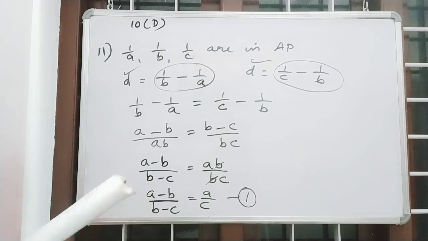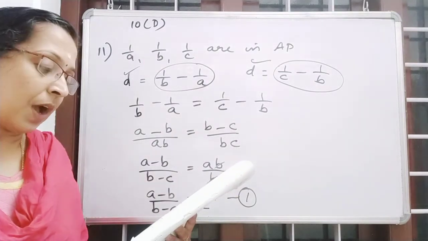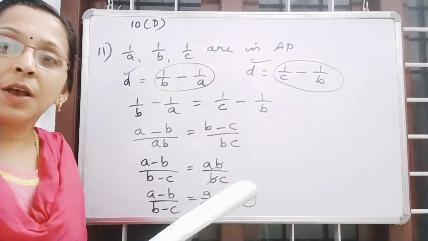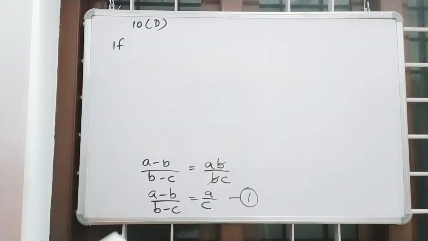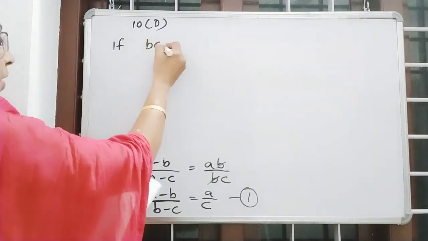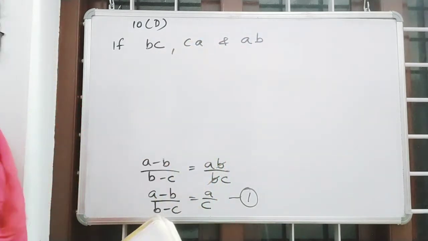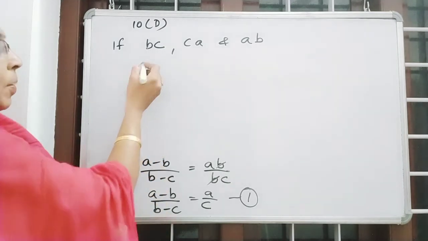If BC, CA and AB are in AP, how can we write that? If they are in AP, it should be written in which form? Common difference should be same.